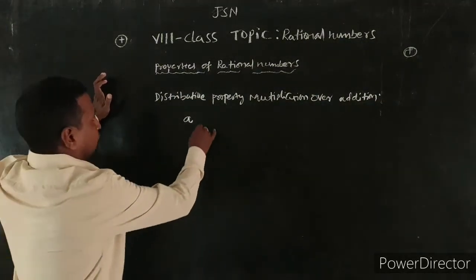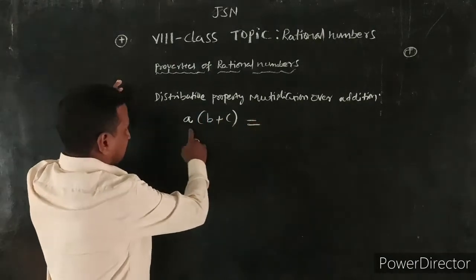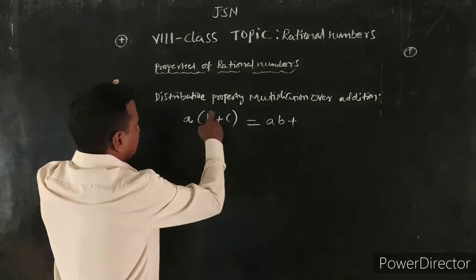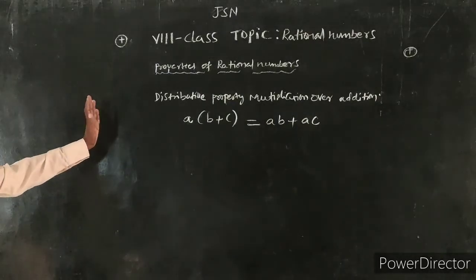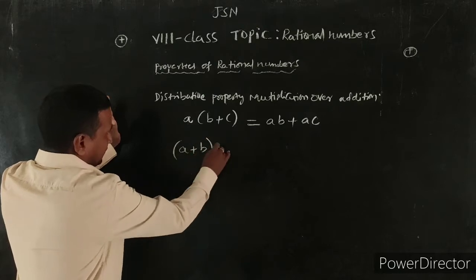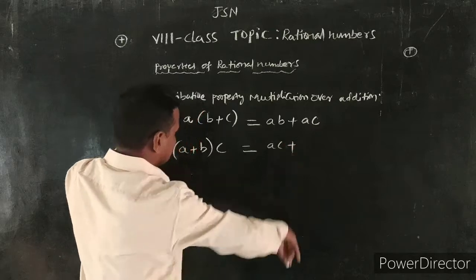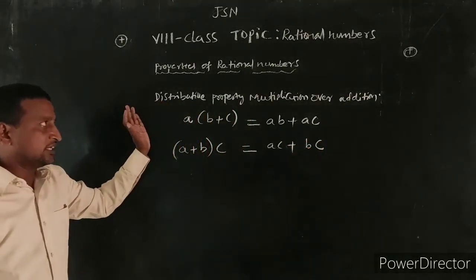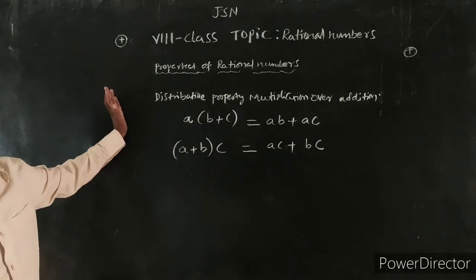A into B plus C equals A into B, AB, plus A into C, AC. It is the left distributive property. A plus B into C equals A into C plus B into C. It is the right distributive property, multiplication over addition.